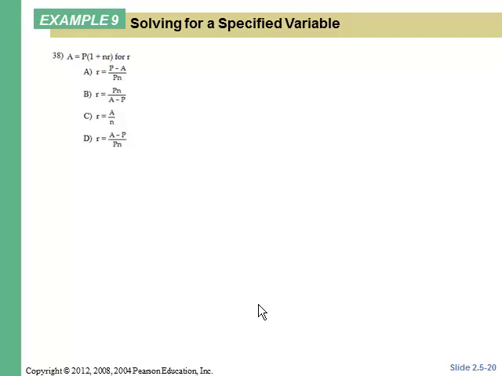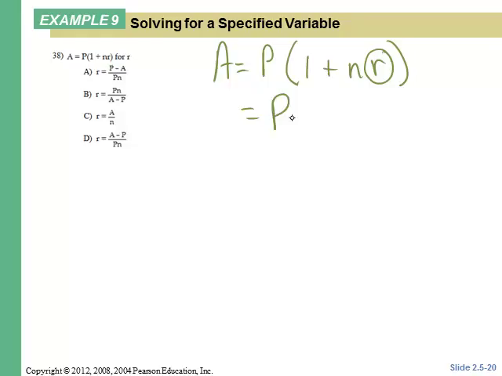Okay, here's one for you. So the first thing that we want to do, A equals P parentheses 1 plus N R, close parentheses. Since they want the R all alone, let's multiply out the parentheses just to show you that it is possible to get it without what I was doing before.